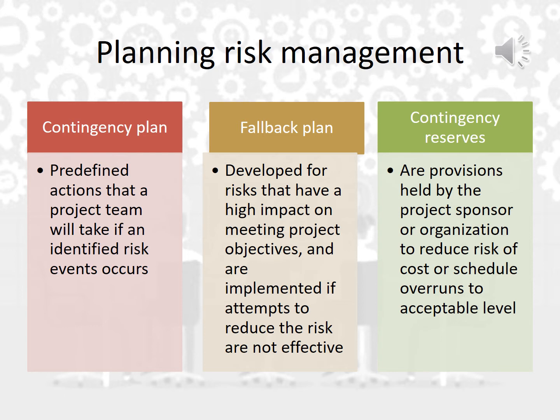While the fallback plan is developed for risks that have a high impact on meeting project objectives and is implemented if attempts to reduce the risk are not effective. I can simplify that plan to you by saying a simple example.